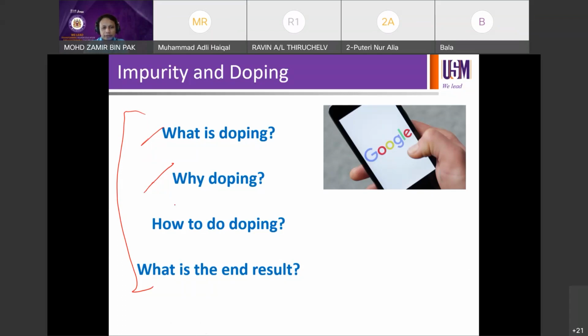Okay, how to do doping? The third one. Any ideas? How do we do the doping? Perhaps in the same article that you found, with the same search. Macam mana kita nak buat doping? It's a bit on the process, but let's just explore anyway.